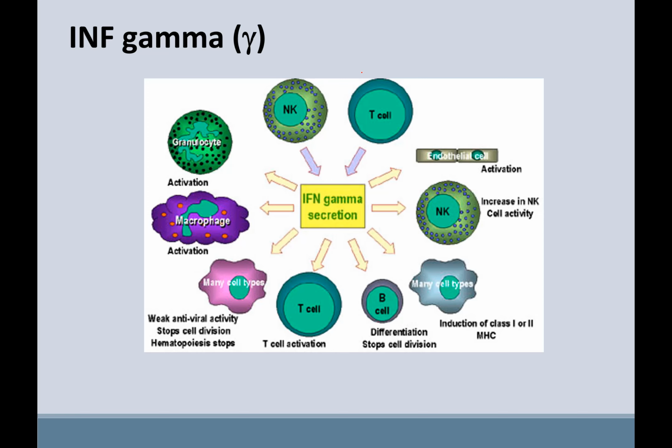Interferon gamma is actually part of the adaptive immune response. I'm just bringing it up here because it seems to flow well with talking about interferon. What I want you to see is that it's made by natural killer cells, which we're going to talk about next, and T cells, which are part of the adaptive immune response.